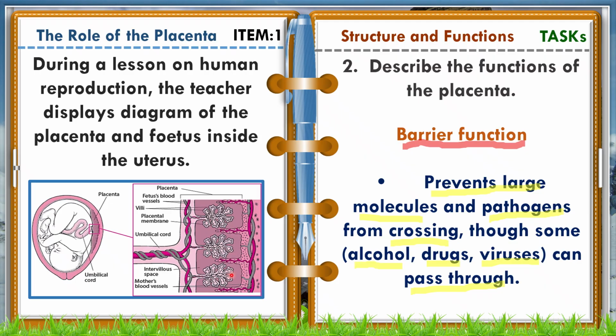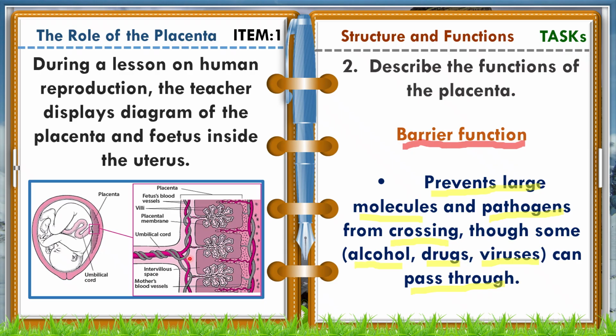Meaning that the placenta is acting as a filter, as a barrier. Those large materials cannot be allowed to go into the baby's blood. Apart from some of them like alcohol; alcohol is very small, so it can diffuse through from the mother's blood into the baby's blood.